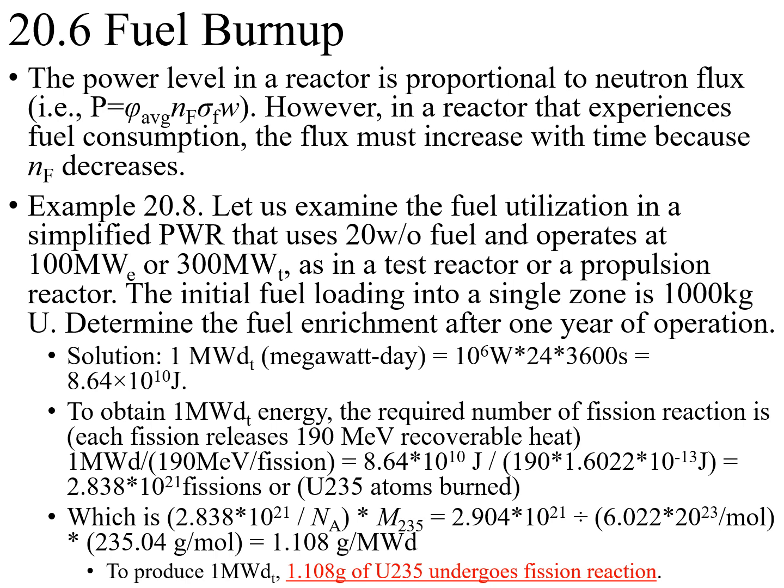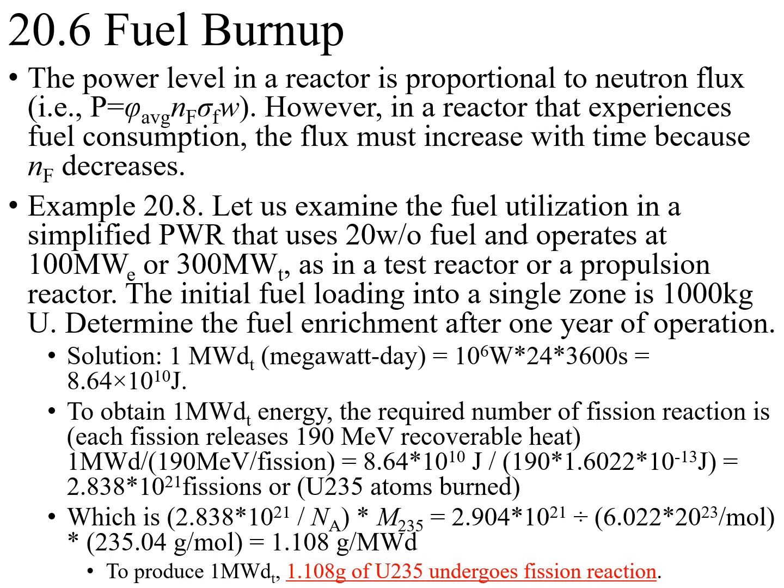So we have a 300 megawatt thermal reactor, and it is operated for 1 year. We are going to calculate the fuel enrichment after 1 year. First, we'd like to determine, to produce 1 megawatt day of thermal power, how much fuel is burned.